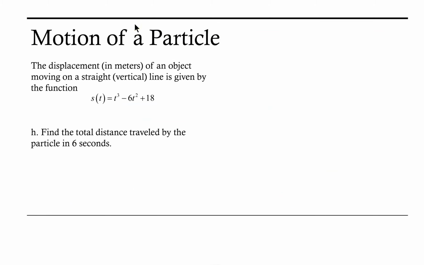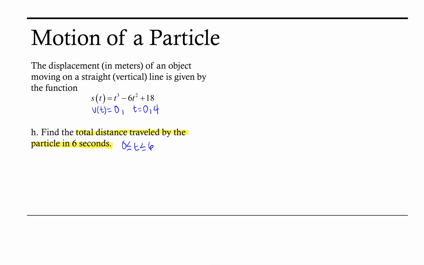So now we're interested in finding the total distance traveled by the particle in 6 seconds. So we're looking at how far the particle traveled from t equals 0 to t equals 6. So let's take a look at what we know about the particle. We know that the particle was stopped, or the velocity equaled 0, when t equaled 0 and 4 seconds.